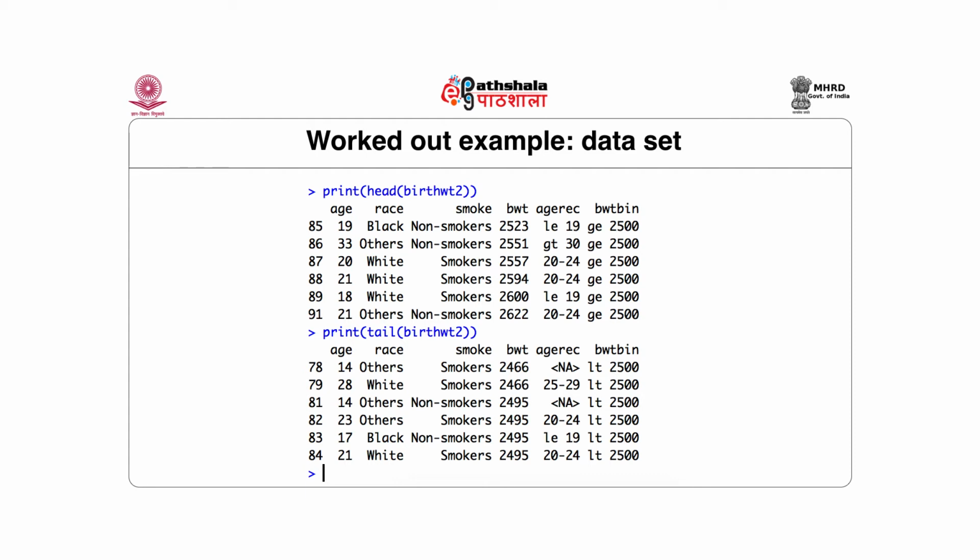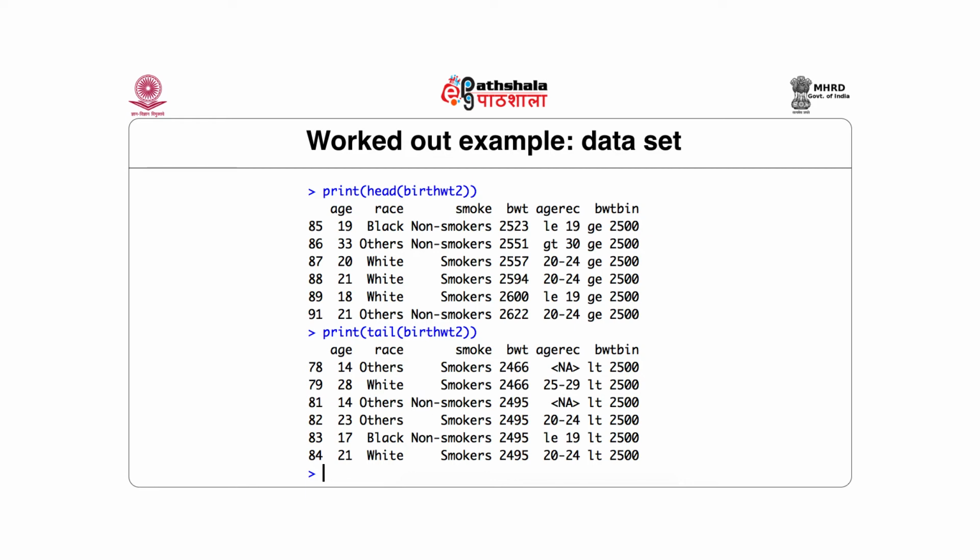We have converted the smokers into non-smokers and smokers. We have converted the race from an integer variable into a factor variable, so that now you have white, black, and other races. And what's more important is that we have taken the birth weight, and based on whether the birth weight was 2,500 grams at birth, we have converted that into a binary variable.